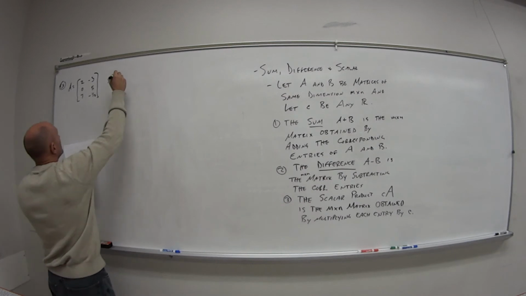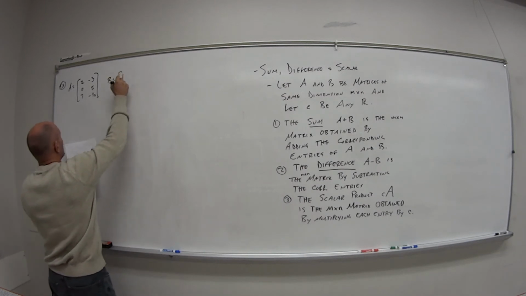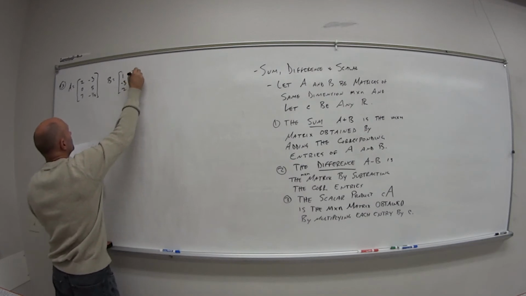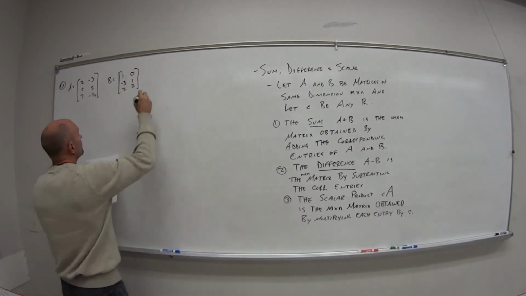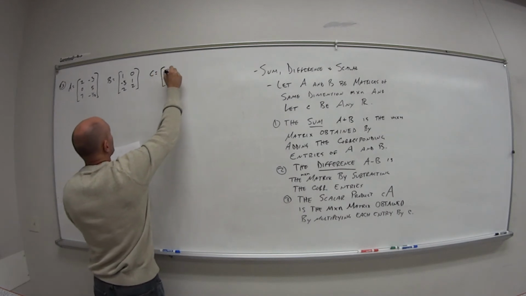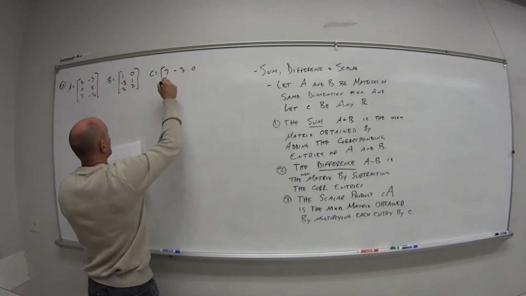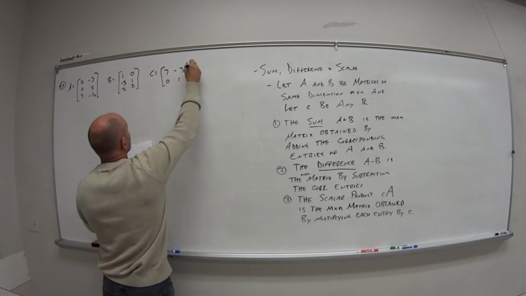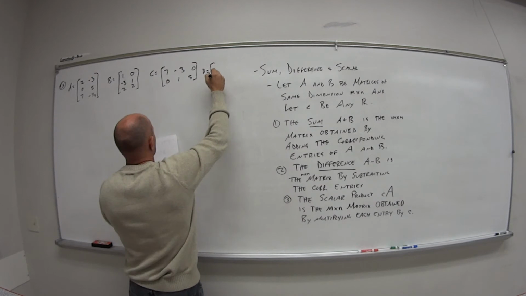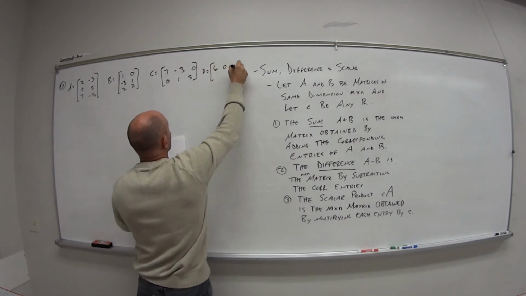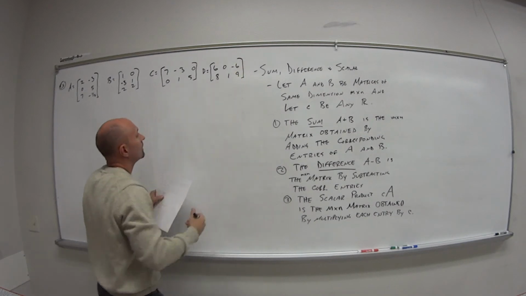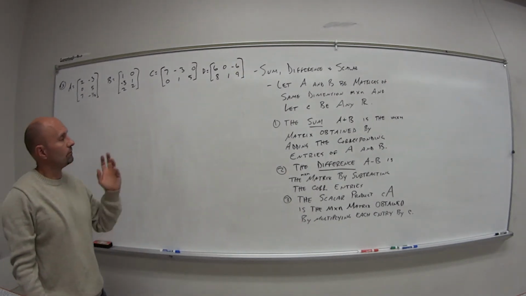B is the matrix 1, negative 3, 2, 0, 1, 2. C is the matrix 7, negative 3, 0, 0, 1, 5. And D is 6, 0, negative 6, 8, 1, 9. So we have four matrices here, A through D.